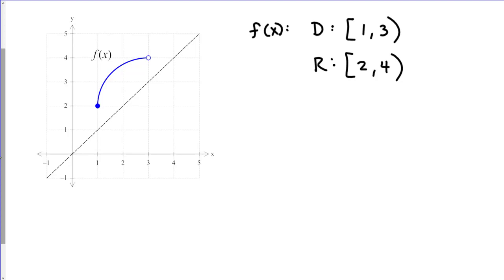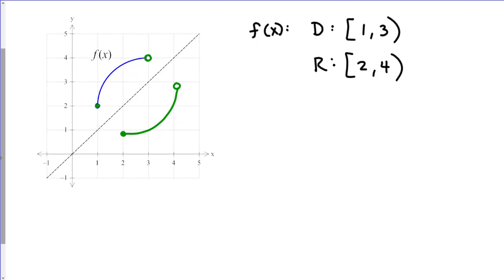So this point here, let me do this in green. It has the coordinates 1, 2. It's going to map to the coordinates 2, 1. This open circle here has the coordinates 3, 4, and if it gets flipped along the line y equals x, it will switch to 4, 3, which is right there. The rest of the points along the way, a similar thing happens, and we get basically the exact same image of a graph, just on the opposite side of the line.